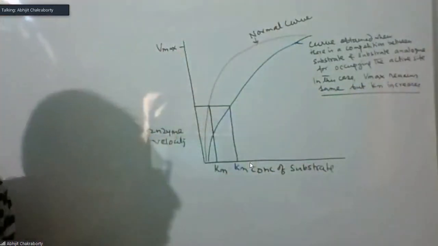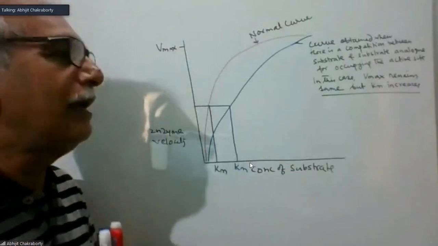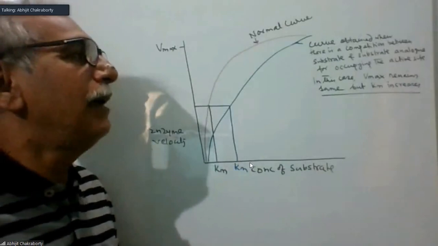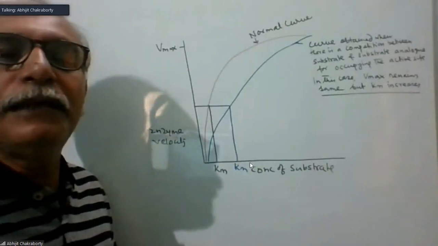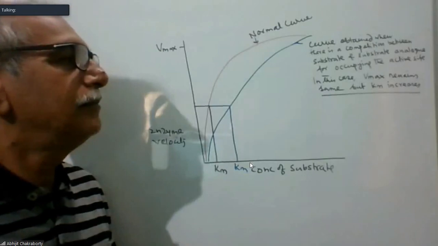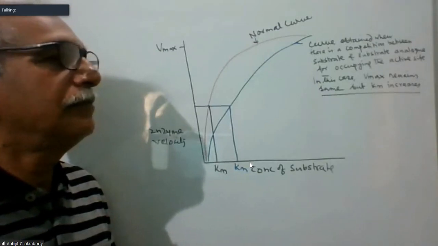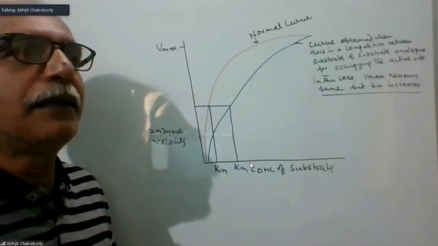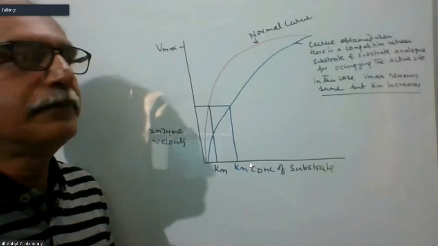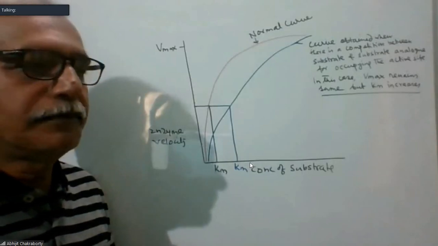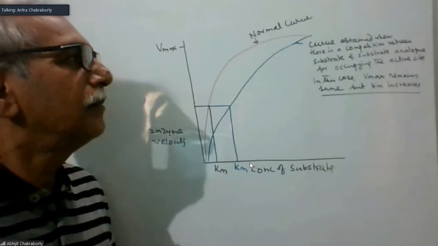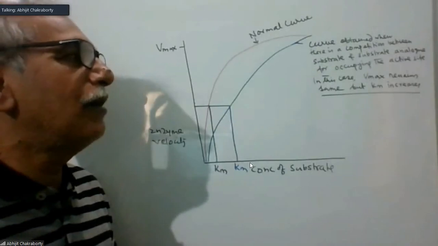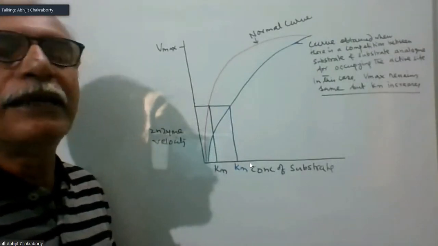In this case, you need to remember this: Vmax remains the same, but Km increases. Clear? This is the curve obtained when there is competition between substrate and substrate analog for occupying the active site. This is in case of competitive inhibition.